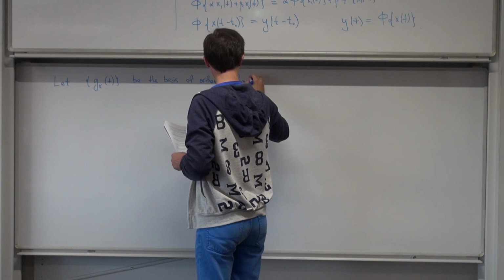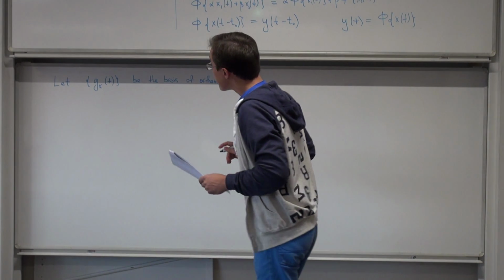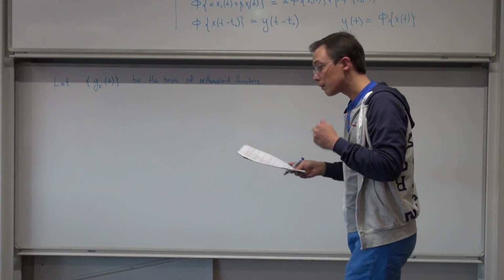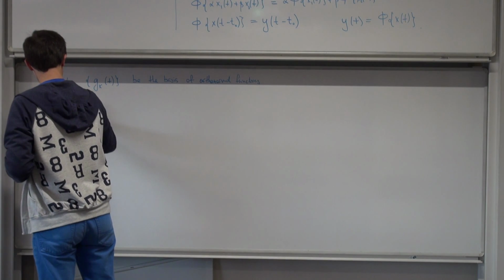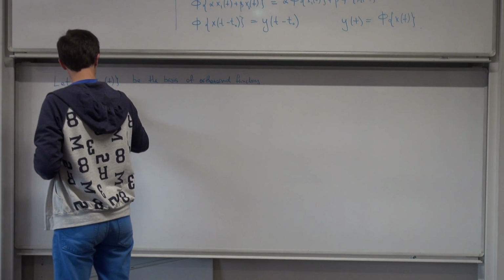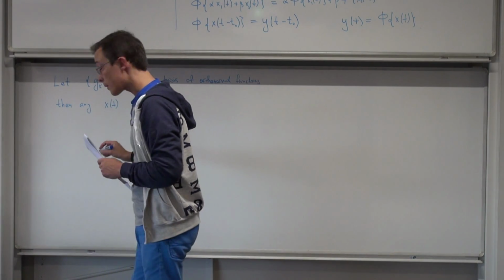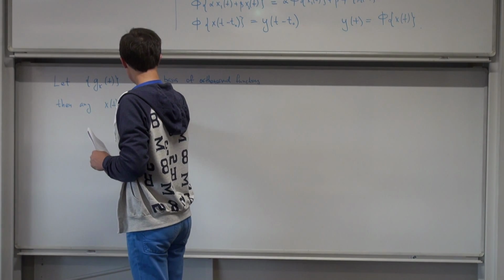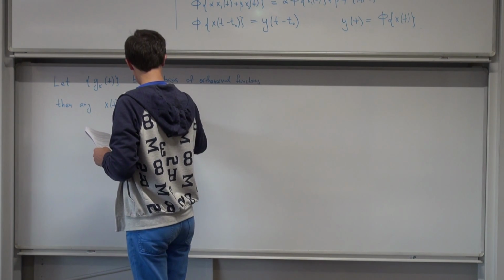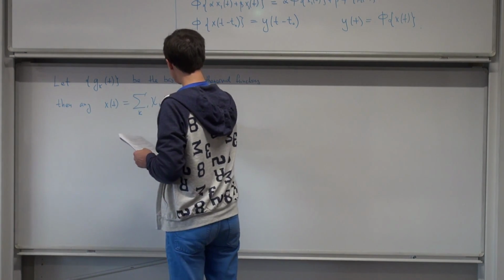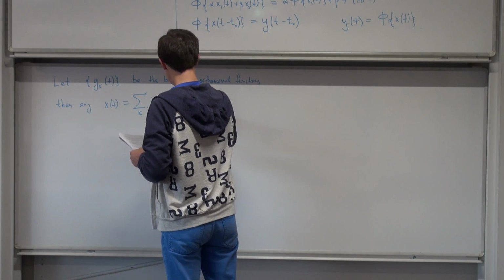Then any particular function, and we'll call this x, then any x of t would have an expansion in the basis. So it would be a sum over k of chi_k, where chi_k are the coefficients, times g_k of t.